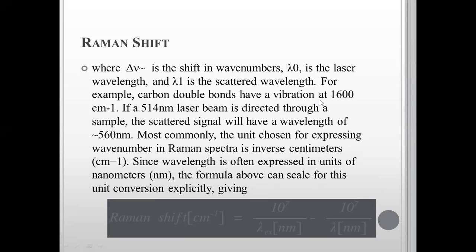Most commonly, the unit chosen for expressing wave number in Raman spectra is inverse centimeters. Since wavelength is often expressed in units of nanometers, the formula above can scale for this unit conversion explicitly, giving Raman shift in inverse centimeters equal to 10 raised to power 7 divided by lambda excitation in nanometers minus 10 raised to power 7 divided by lambda.